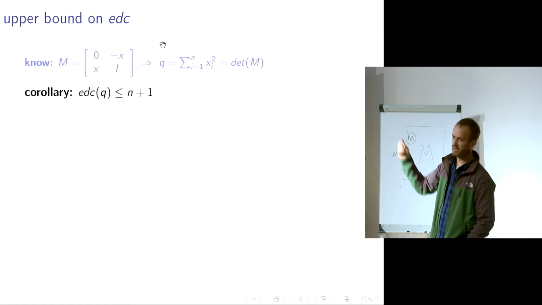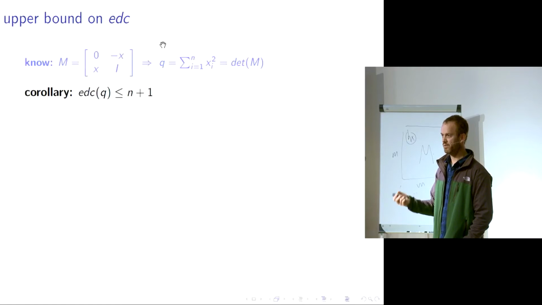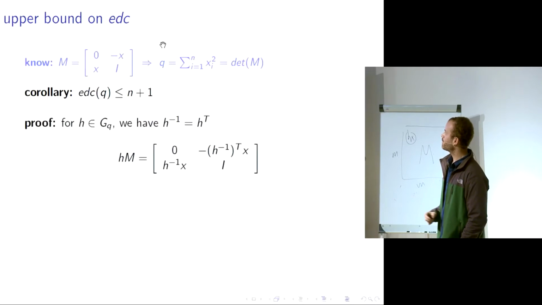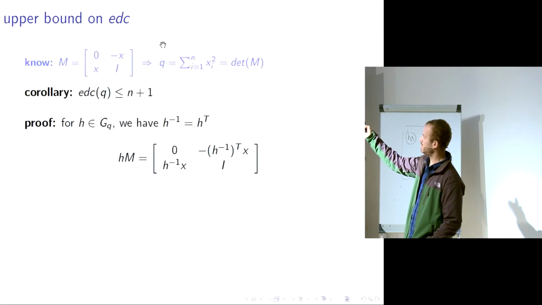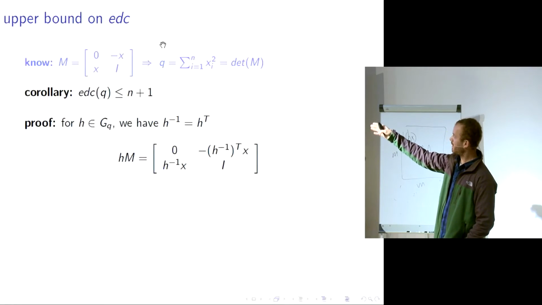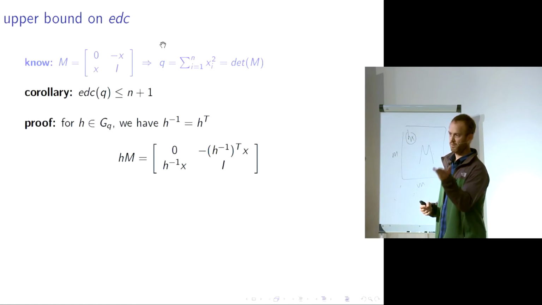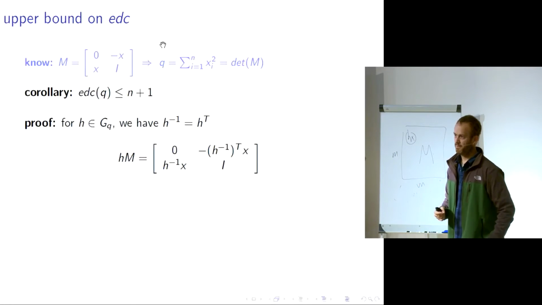This representation respects the symmetries of the polynomial we started with. Why is this true? We take some matrix that fixes this polynomial, and when it acts on the matrix, it acts on the x and acts on the x. Okay?